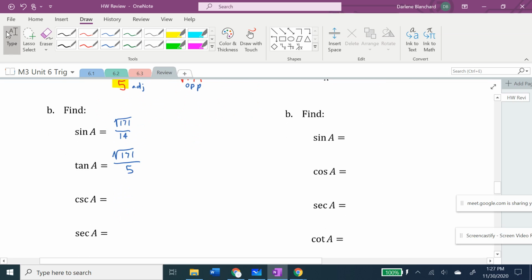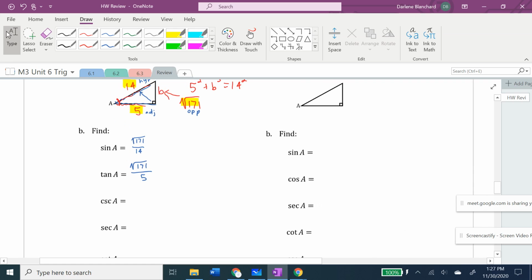All right, cosecant. What is cosecant? It's just the reciprocal of sine. Correct.